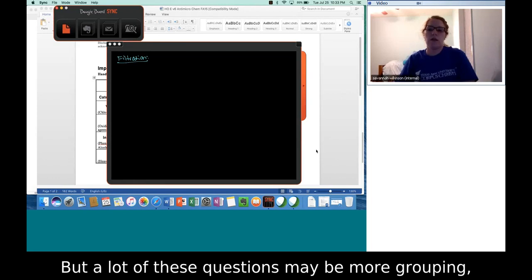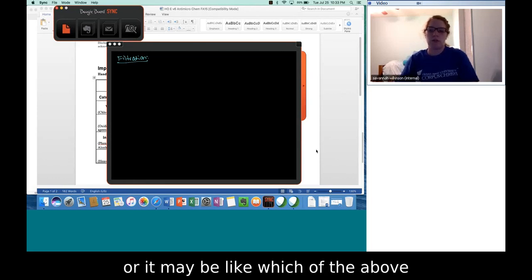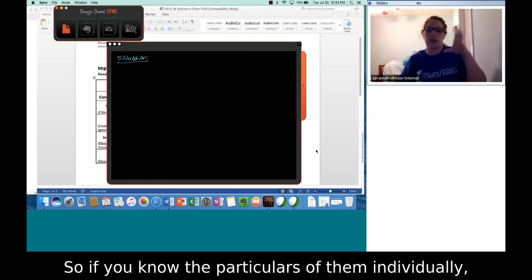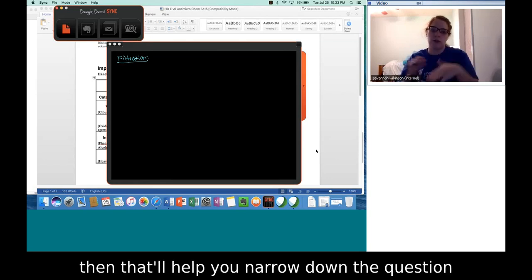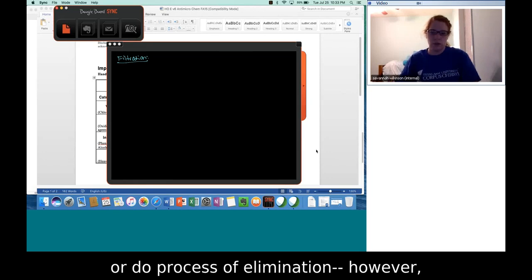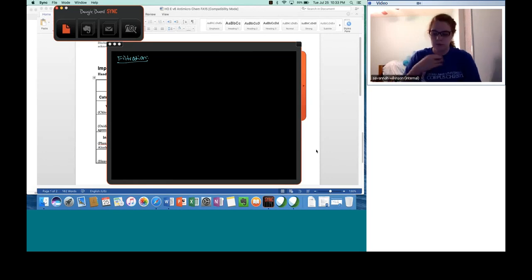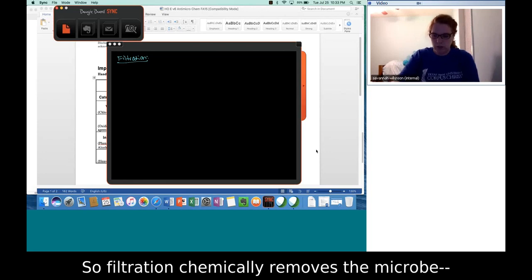A lot of these questions may be more of grouping, like which of the above do or do not do this kind of thing. So if you know the particulars of them individually, that'll help you narrow down the question through process of elimination, however the format of your test is. Okay, so filtration physically removes the microbes.